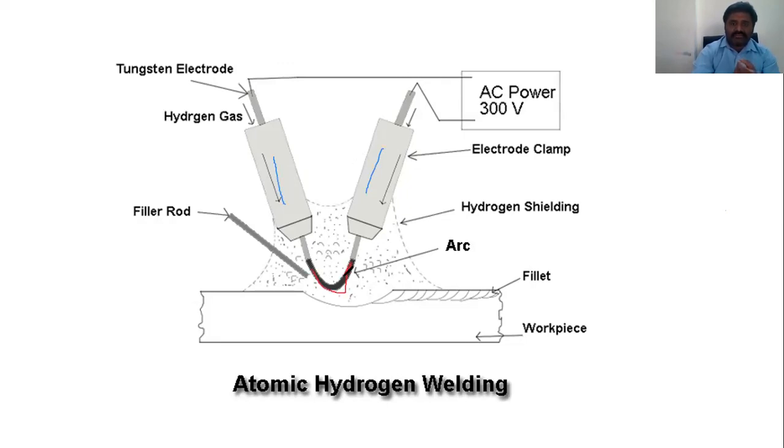The arc is produced between the two tungsten electrodes, and we are using hydrogen gas here. So this is the basic concept, a very easy process, of atomic hydrogen welding.